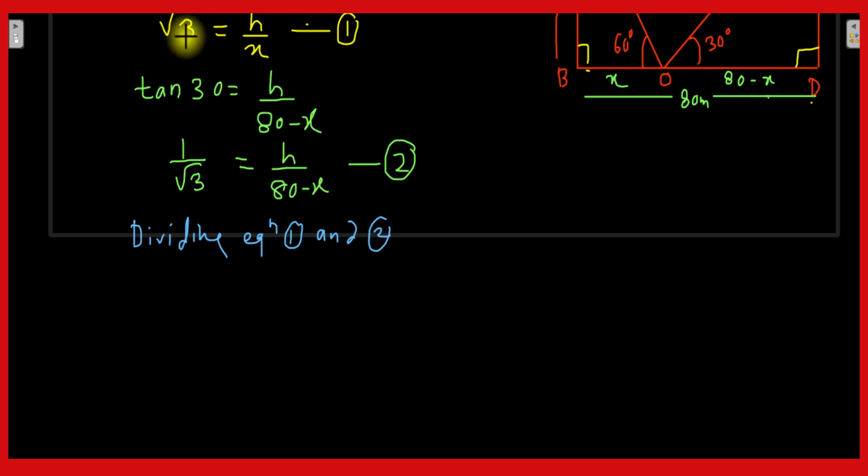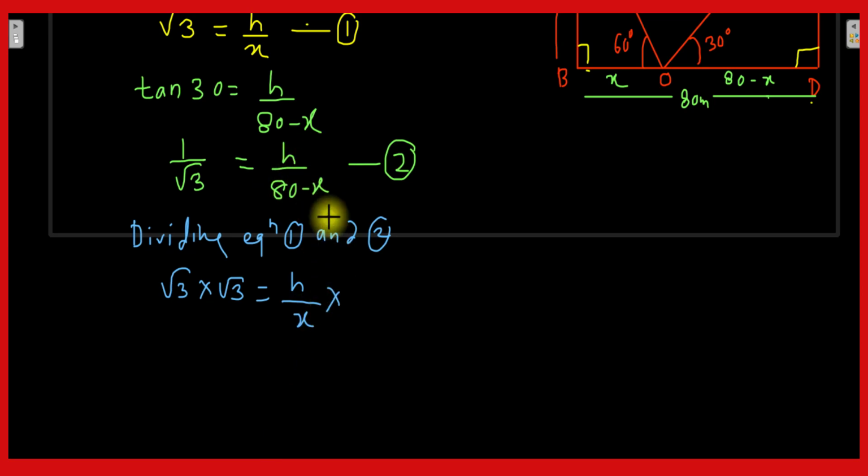That will give root 3 upon 1 upon root 3, which is root 3 multiplied by root 3, equal to h upon x divided by h upon 80 minus x.